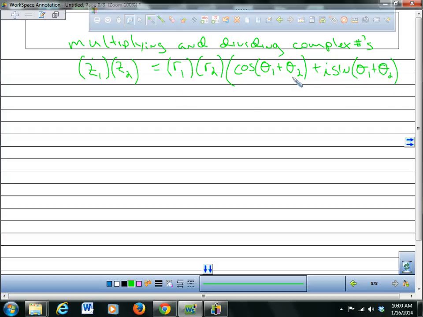And theta 1 and theta 2 are just the thetas for each of those respective complex numbers, okay?